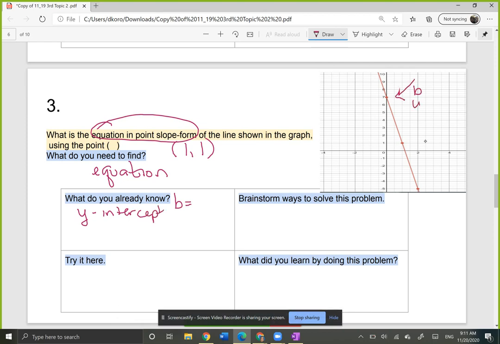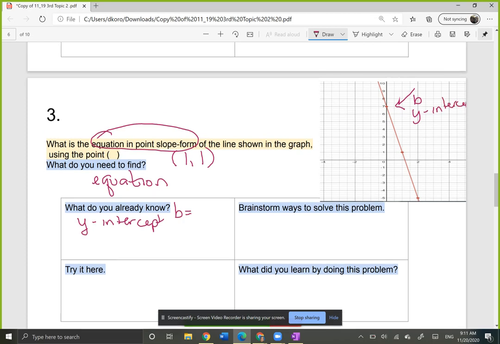So that's my b. So my y-intercept is 0, 7. Okay, I know 2 points. So my first point is 0, 7, and my second point is 1, 1.